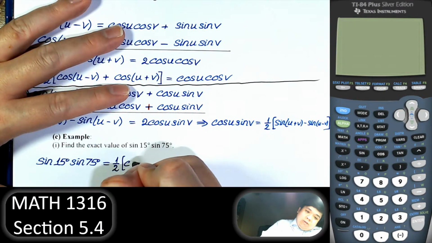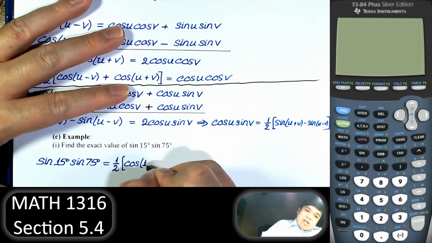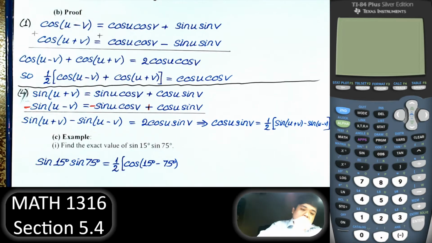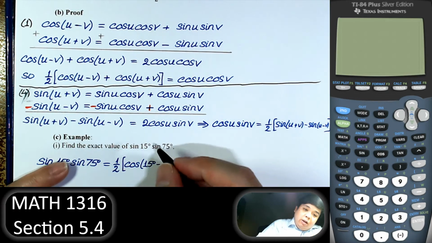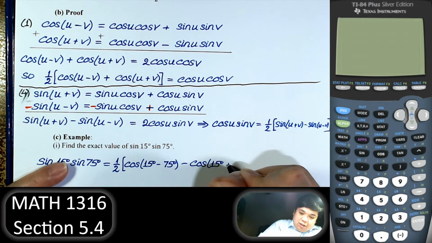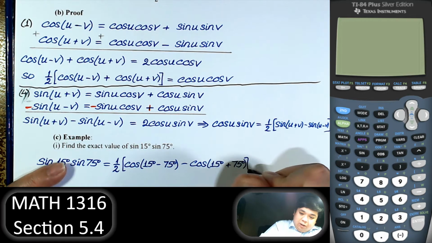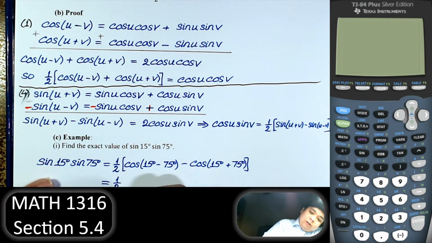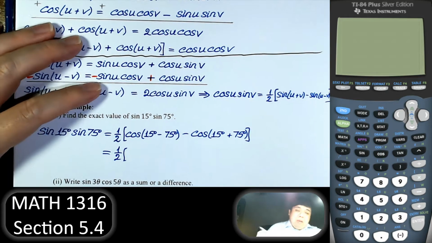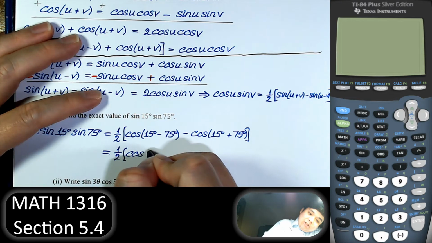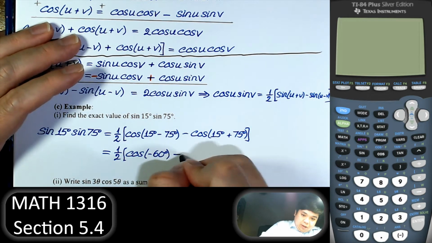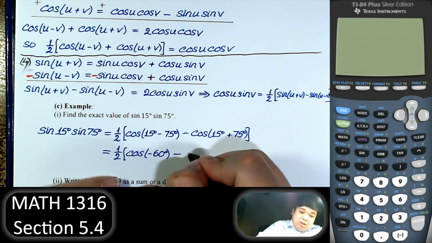So cosine of 15 minus 75, minus cosine of 15 plus 75. 15 minus 75 is negative 60, and then 15 plus 75 is 90.